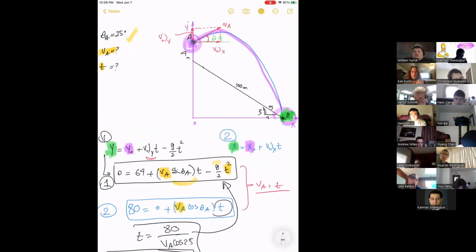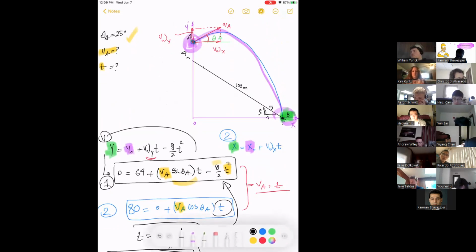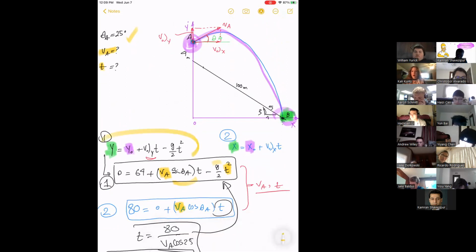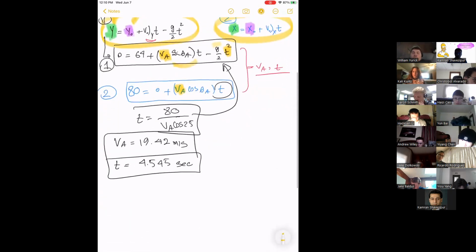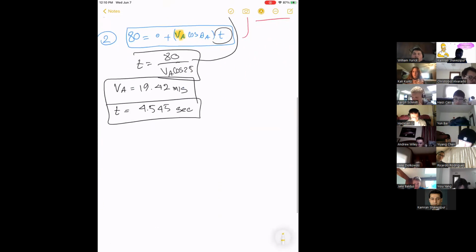We started with position for the y component of position and x component of position. Remember, initial and final. Final is B, initial is A. We are talking about 2 points, initial point and final point of the projectile, right? So there's always that case. And after writing the 2 equations, you can solve it. Any question about this one?